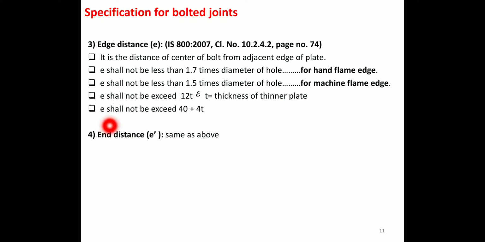Last criteria under this end distance or edge distance is E shall not exceed 40 plus 4t. Again, end distance is denoted by E dash, same as above. Means all these criteria are the same for end as well as edge distance.